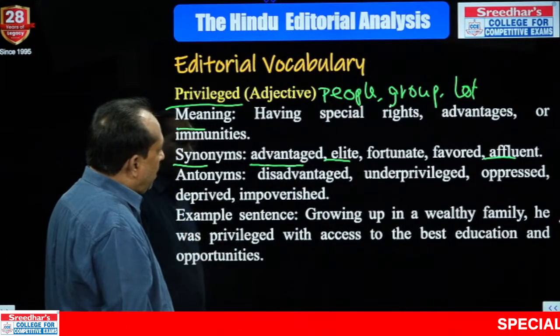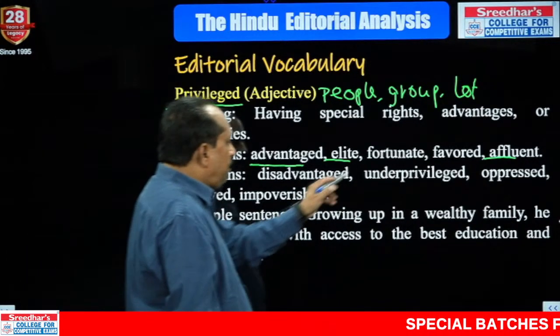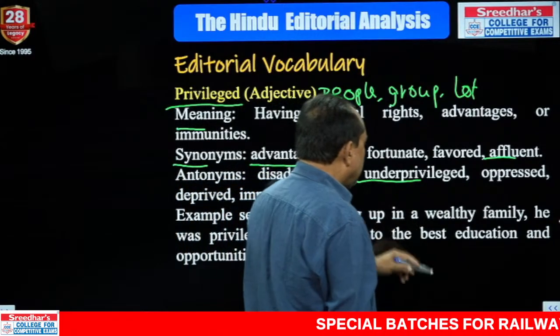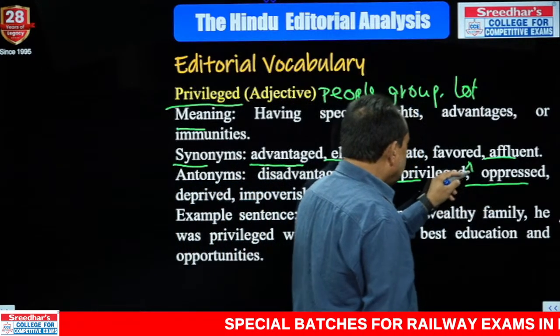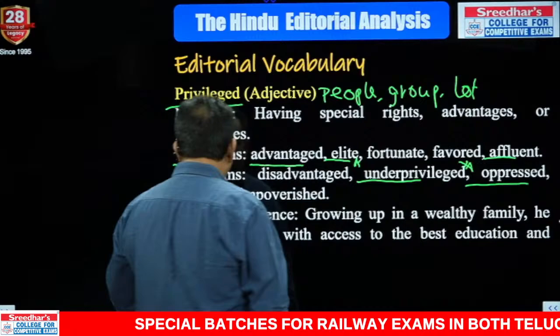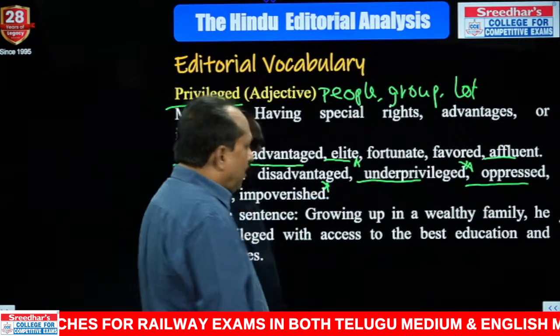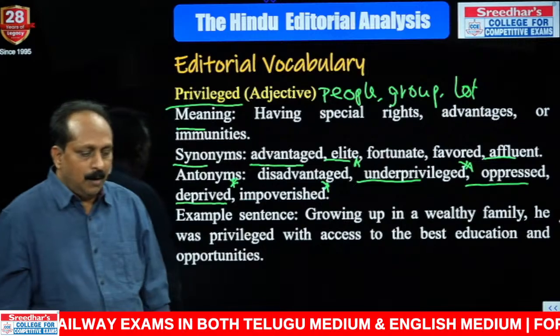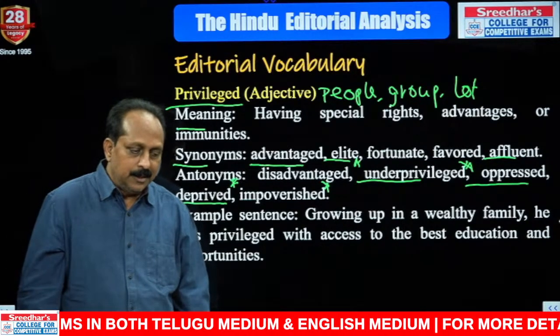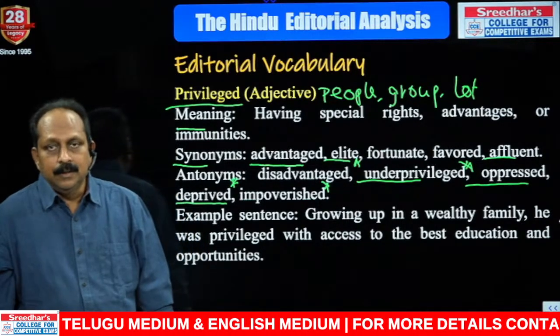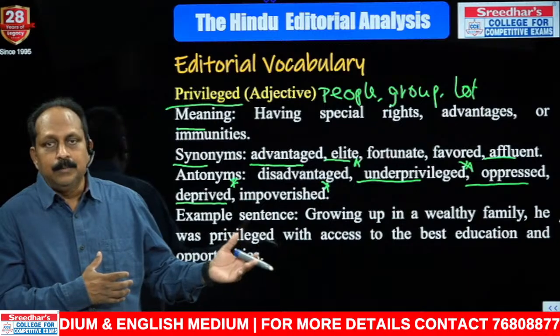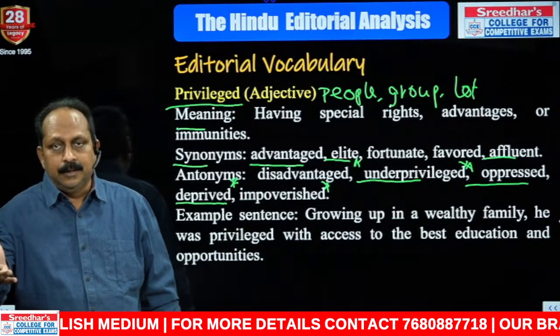Antonyms: disadvantaged, simple word. Underprivileged, an important word. Oppressed, an important word. Deprived, an important word. Impoverished, an important word. Usually what happens, wealthy, simple word, you can say, Tejashri, good. What happens when you come across synonyms, antonyms, sometimes synonyms are easy.